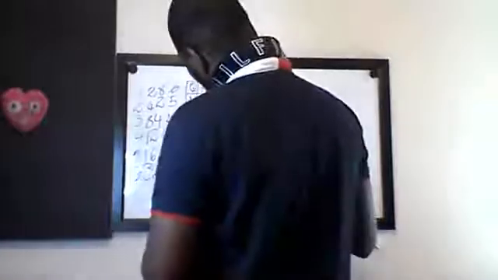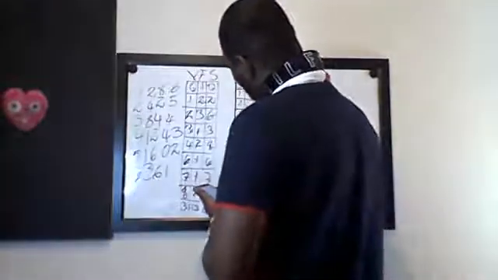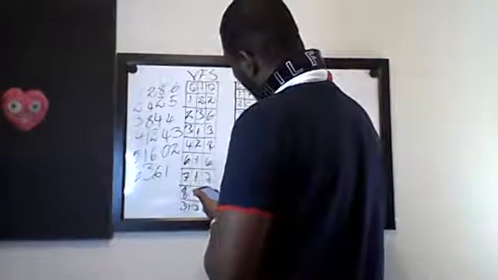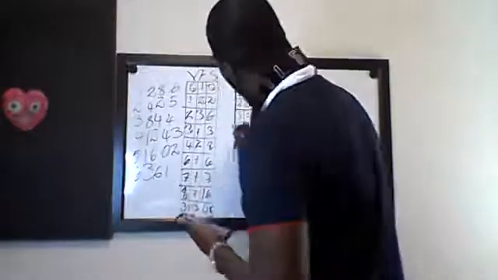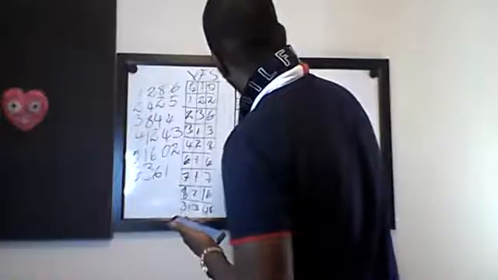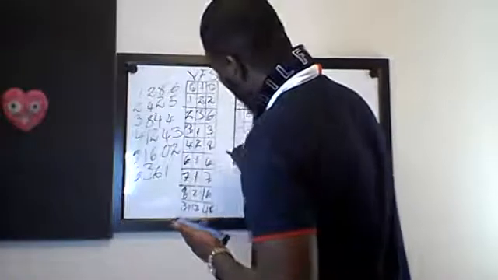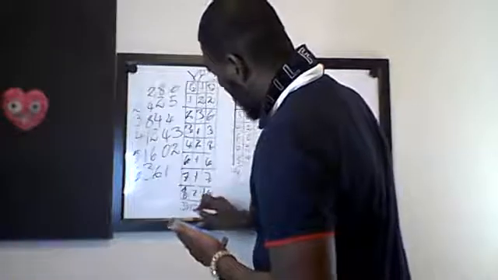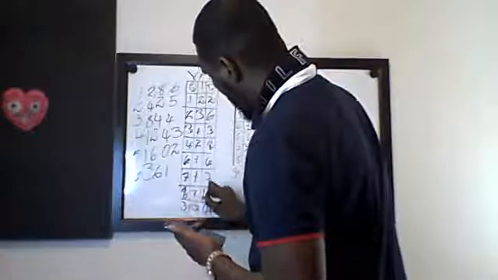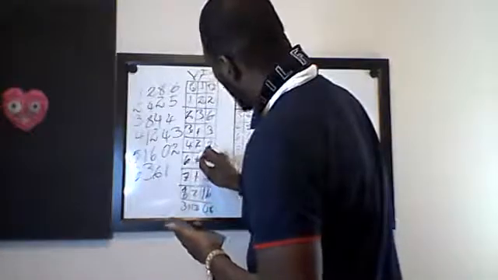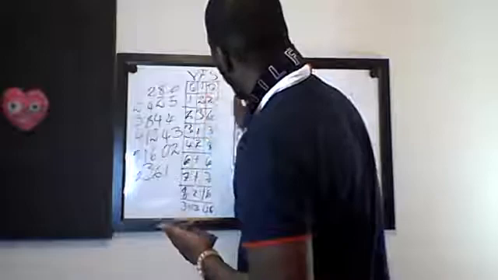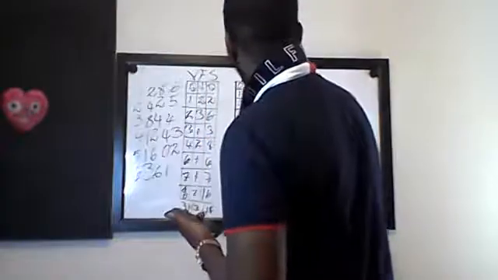I think I did something. I missed 1. 31. Okay, I missed 1. So I think 1's gonna be 18, because I think I left 1 over here. 1, 2, 3, 4, 5, 6, 7, 8. Like I said, 18. I missed 1.